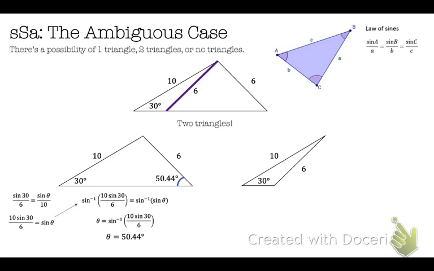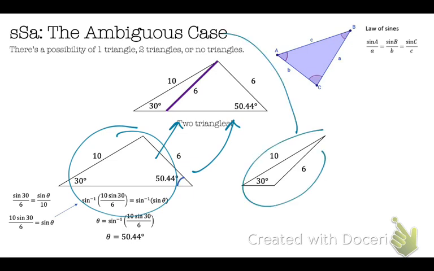We also need to solve for this angle right here because there are two possible triangles here. We can just look at this big triangle that we did up here because basically this piece of the triangle is the whole thing. This one is like that little piece right there.